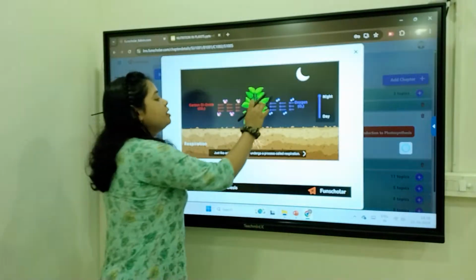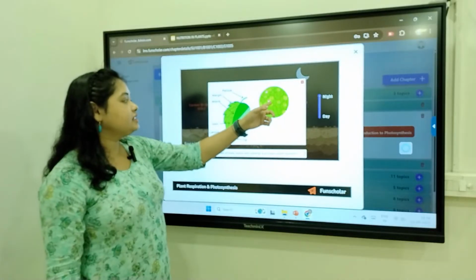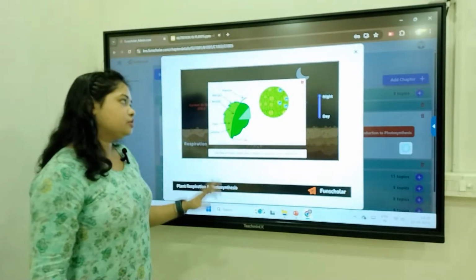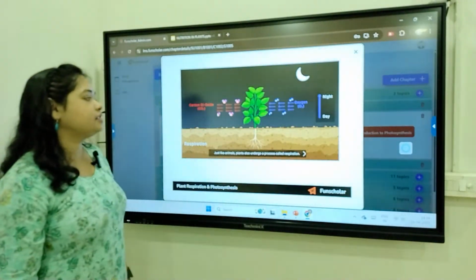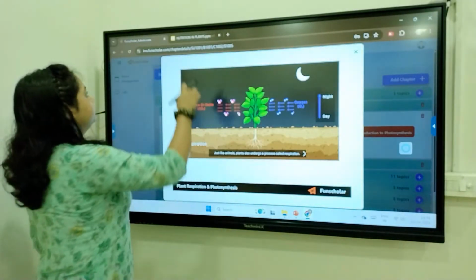And now if I see the magnified image, you can see oxygen will get inside the stomatal pore and carbon dioxide will come out. So this is the difference between the daytime and nighttime condition in case of photosynthesis and respiration of the plants.